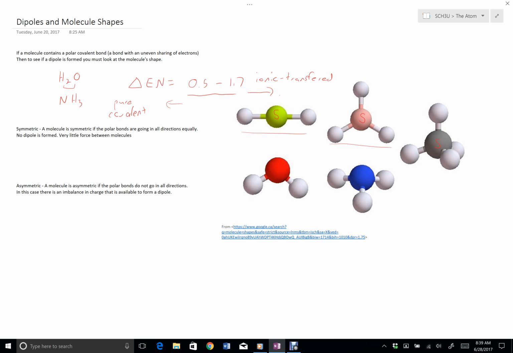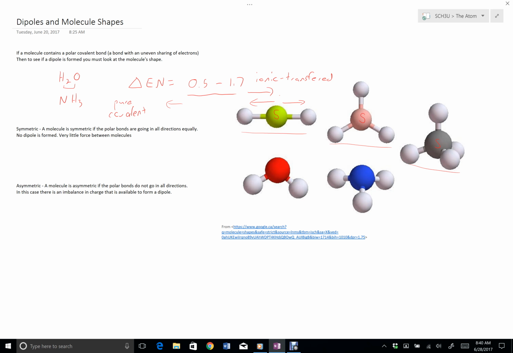If we imagine the two bonds are pulling side to side, they balance each other out completely. When we say something is symmetric, we might think of a tug of war. If the two teams were of equal strength, neither team would be winning, because all the people pulling to the left would balance out all the people pulling to the right, and so that's a symmetric molecule.